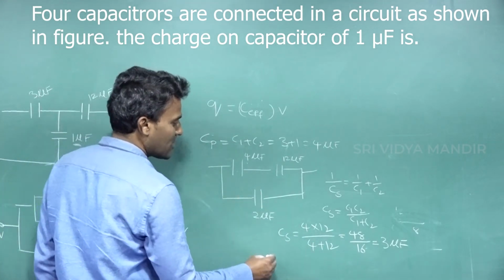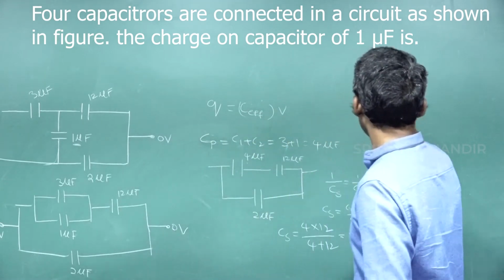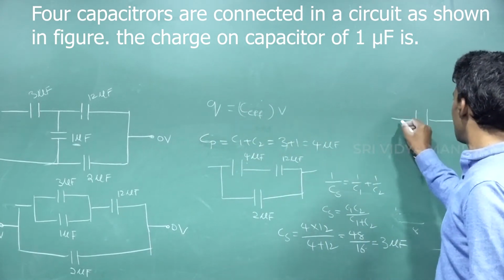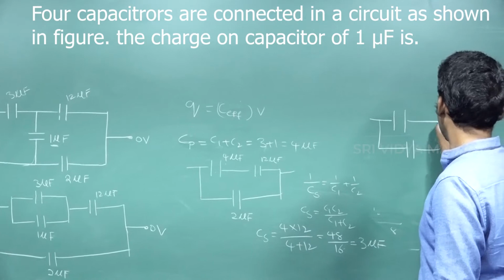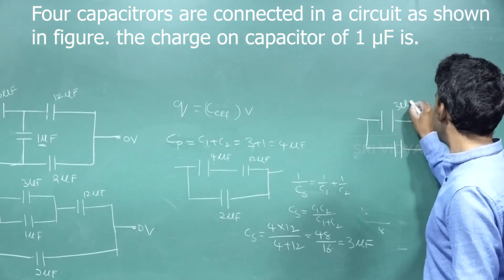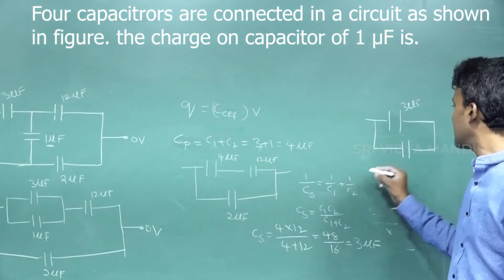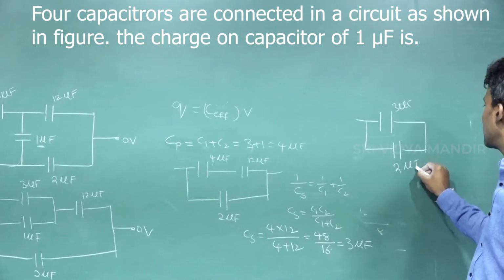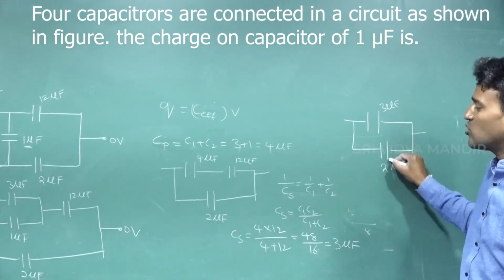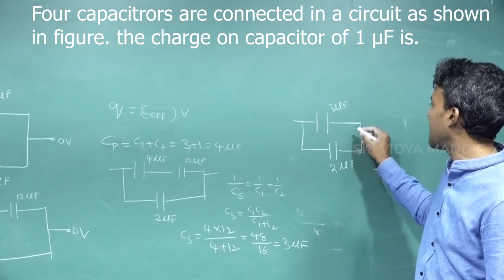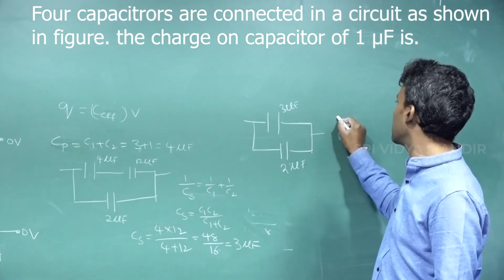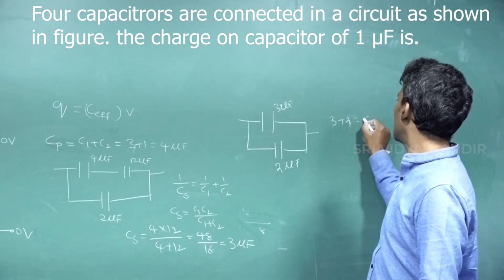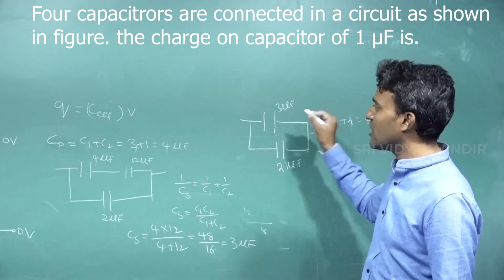Now the new diagram becomes like this: the resultant 3 microfarad and this 2 microfarad, which are in parallel combination. Parallel combination formula: 3 plus 2 is equal to 5 microfarad. We got 5 microfarad.